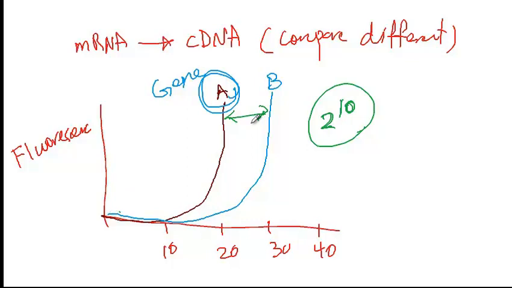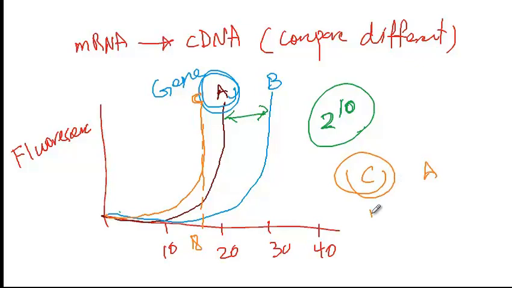Now let's say we have another one, sample C, that takes 18 reactions to reach its peak. So compare sample C to sample A for me. Which one is expressing the gene of interest at a higher rate?